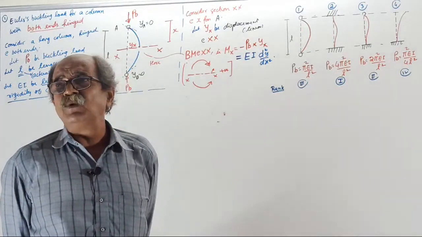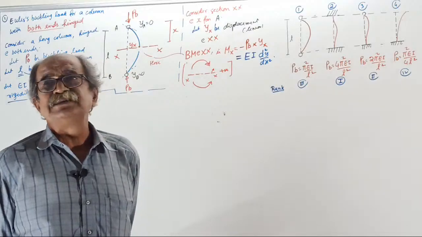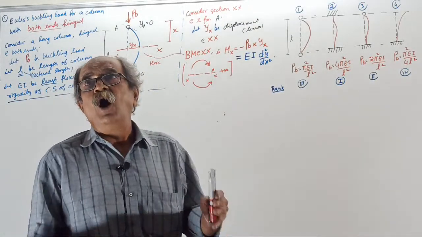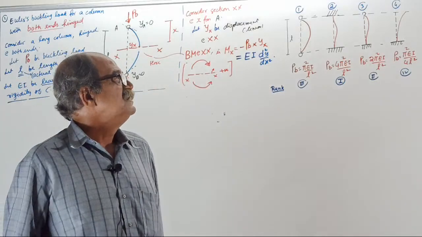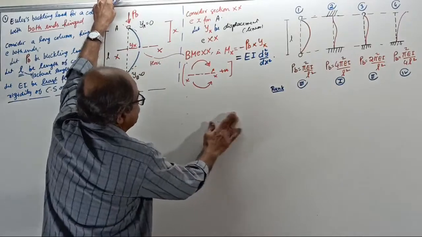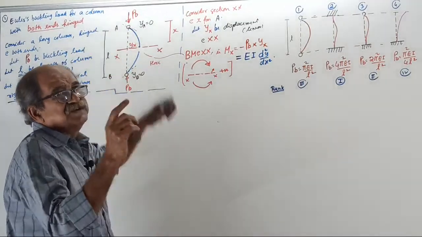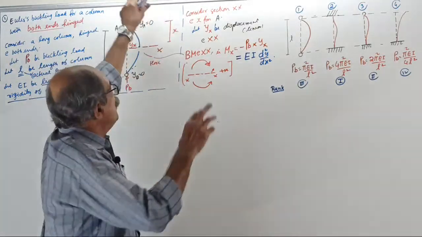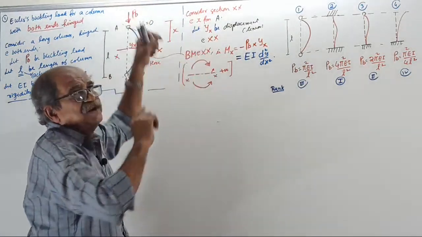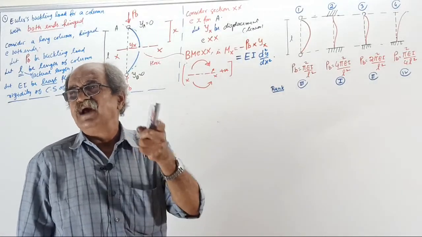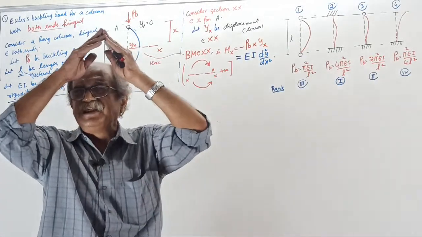Distribution factor, stiffness, how did you get it? Sir, 4EI by L. How did you get it? No method exists for an indeterminate structure, because the effect of displacement is there, without using this basic differential equation, EI d square y by dx square equals Mx. No indeterminate structure can be analyzed.